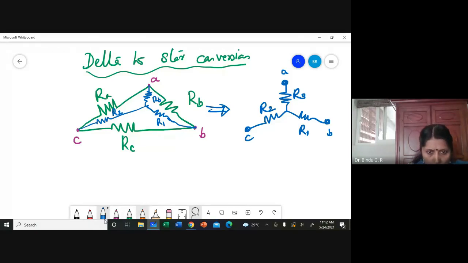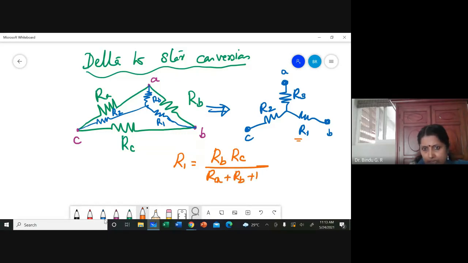As I told you, derivation is not required. So R1 is equal to RB RC by RA plus RB plus RC. How did I take RB, RC? When I calculate the value of R1, I take the resistors enclosing it: R1 is enclosed within these two resistors, RB and RC.